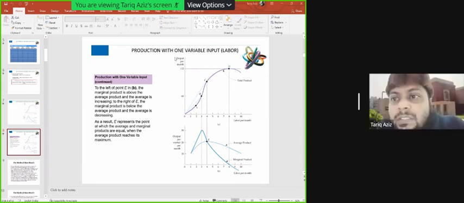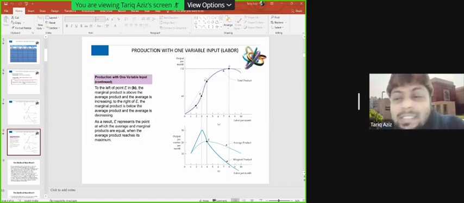There are various reasons. We will study about those reasons, but to keep it short, one of the reasons is division of work. Initially, the total product increases because every person is engaged in his specialized work, and there are other reasons also.